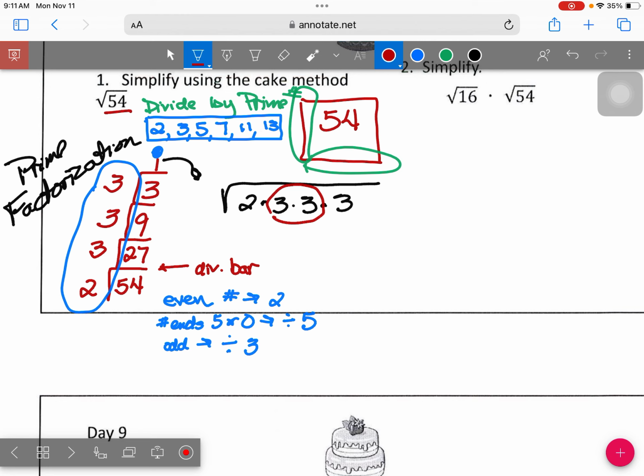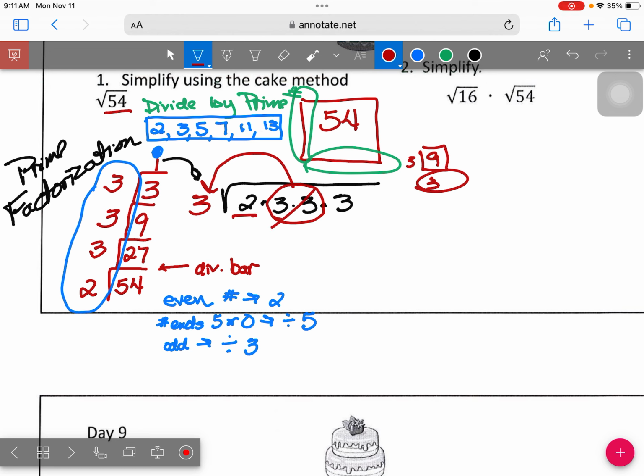For example, I have two 3s. Well, that's because 3 times 3 is 9, and 9 is a perfect square where 3 is the square root. So for that, the square root of that 9 that is inside the square root of 54, that part is 3. So one of those gets kicked out because that is the square root of 9.